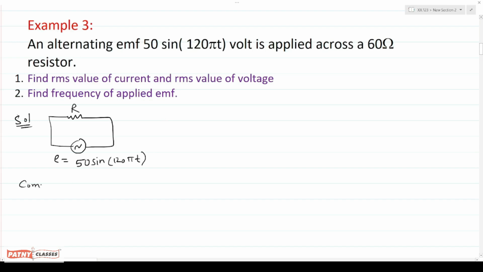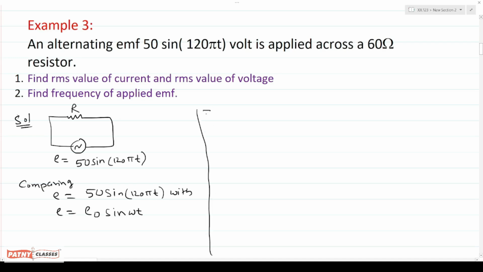Comparing E equals to 50 sine 120 pi t with E equals to E naught sine omega t implies E naught equals to 50 volts. E naught is nothing but peak value of voltage.